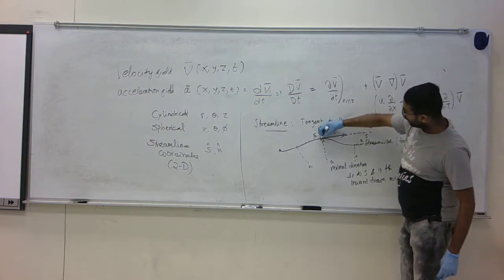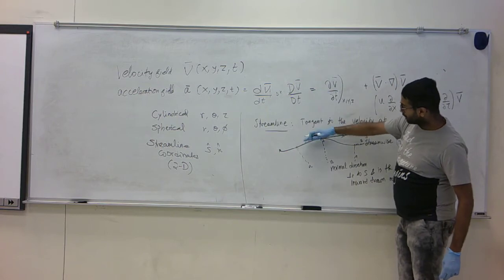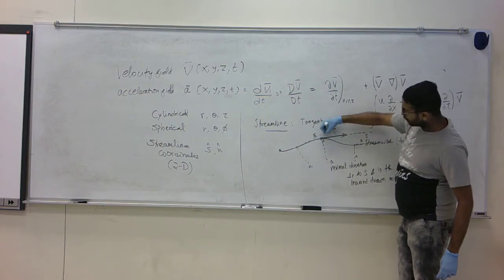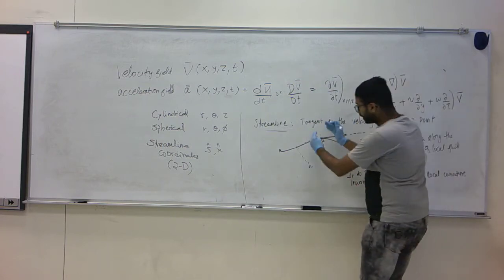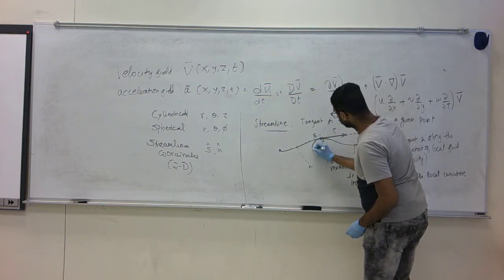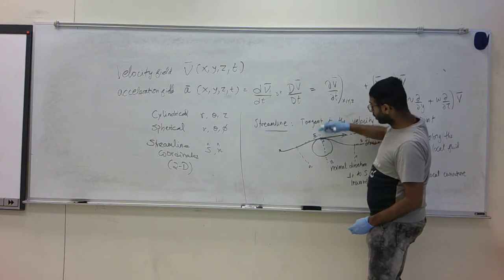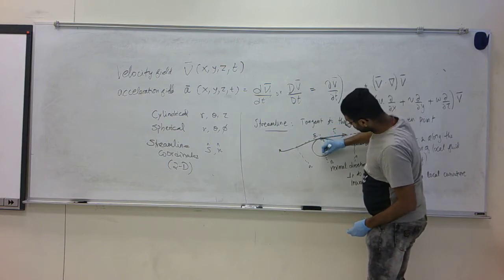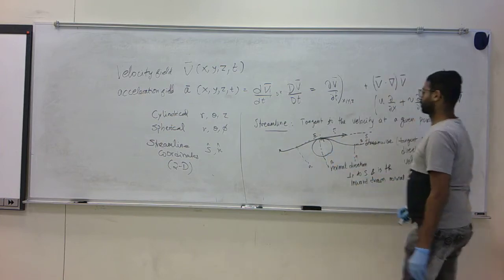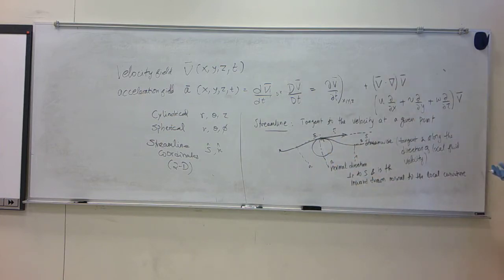I could have drawn it the other way; that would be the outward side. So if there is a curve, wherever it curves inwards, that's where my direction of the local normal is going to be.